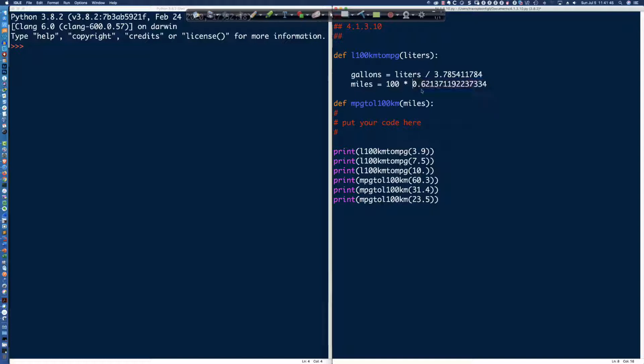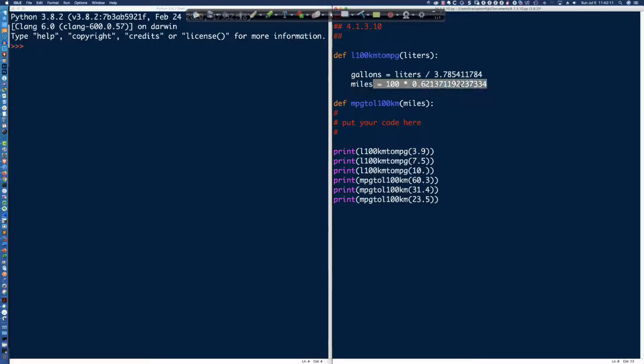Because what I could have said was divided by 1.609344, but instead of doing that, I'm consolidating it down into what the result would have been from dividing 1,000 by 1609.344.